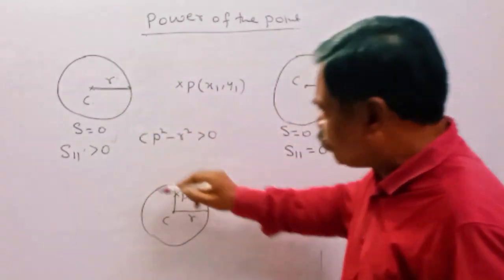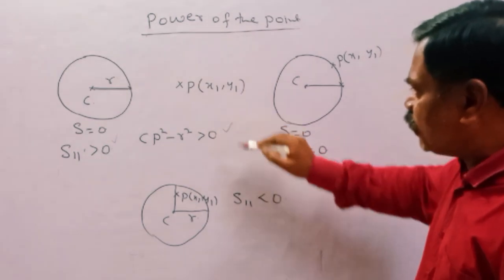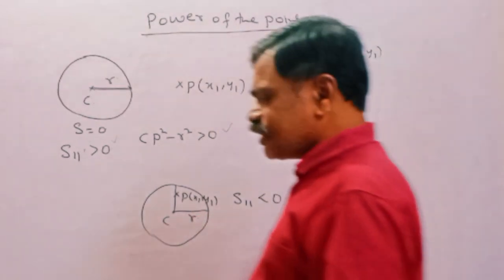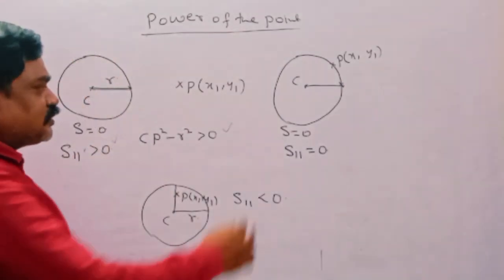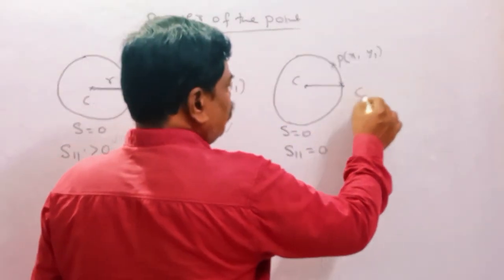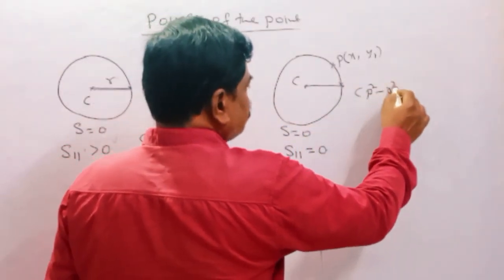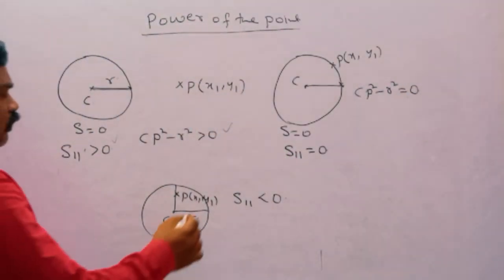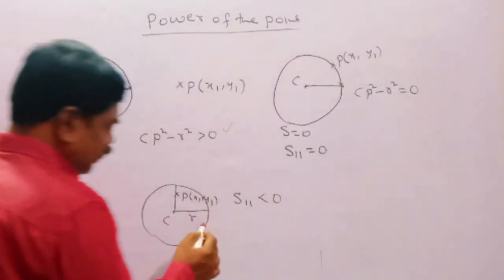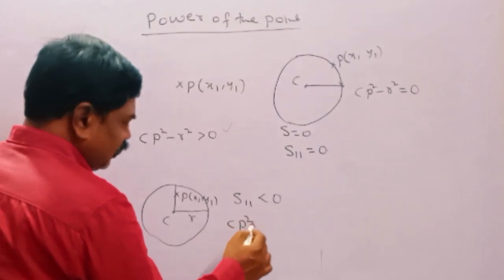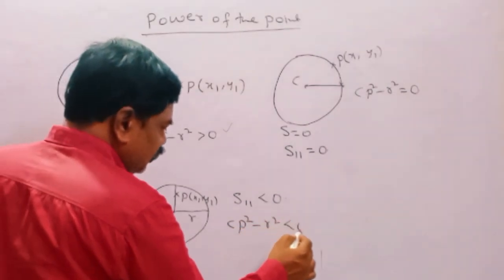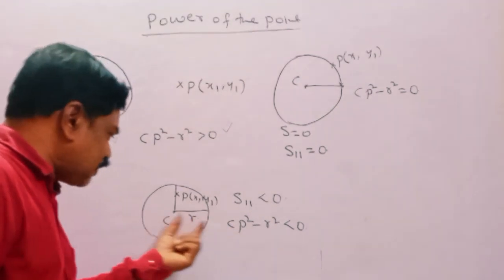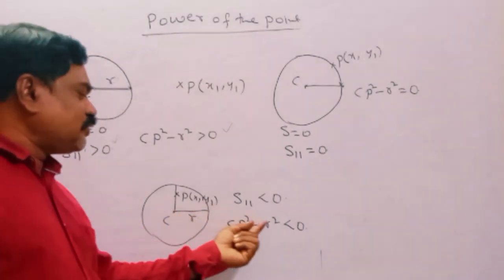In the second case, CP square minus R square equal to 0. And in this case, CP square minus R square less than 0, because CP is less than R.